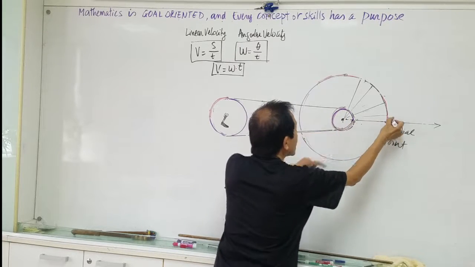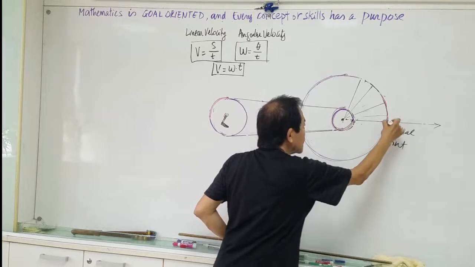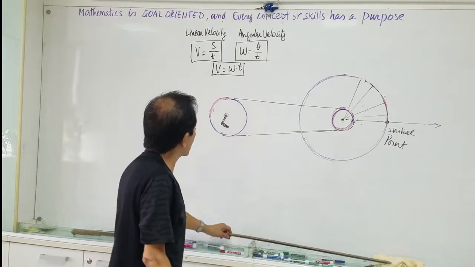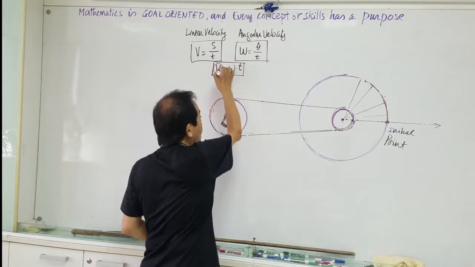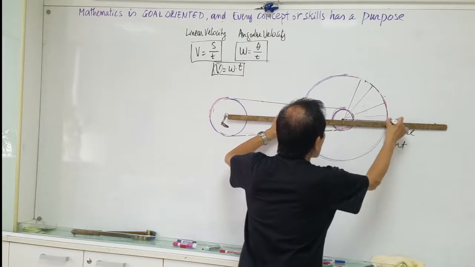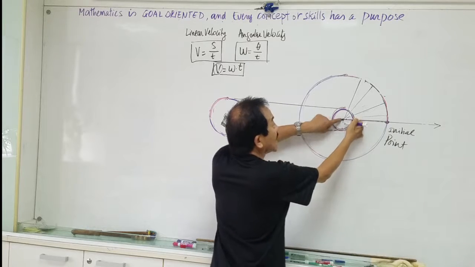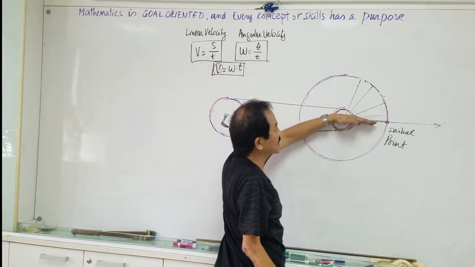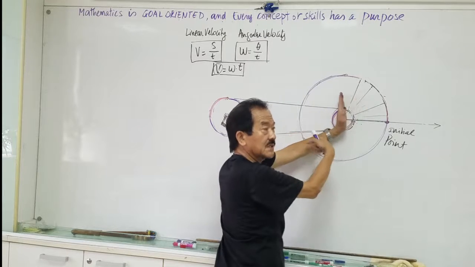But at the same time, this one moves all the way from here to here, so this distance is much longer. So if I want to find the velocity of the outside, you multiply by r. The linear velocity of the inside is slower than that. The angular velocity stays the same; both of them turn the same angle.